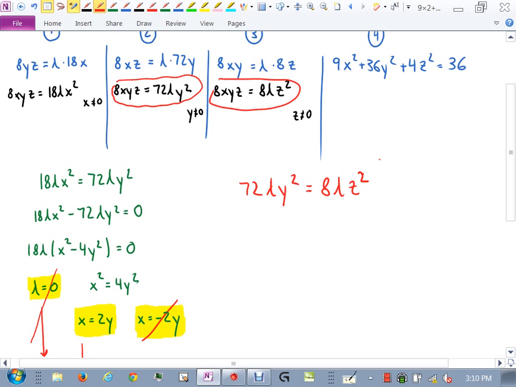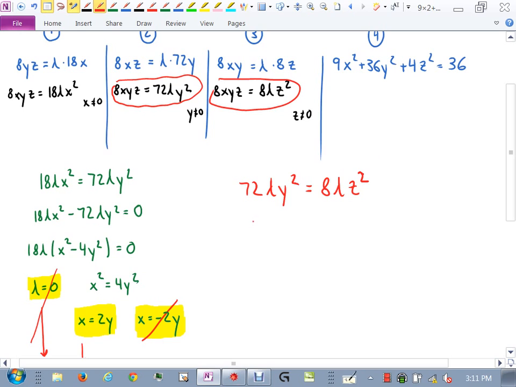Do some manipulation, move things around here. Can I divide through by lambda? Technically, I have to be careful, but didn't I already eliminate lambda being 0 as even a possibility? So at this point, it's safe to say lambda can't be 0, so I can divide it out.